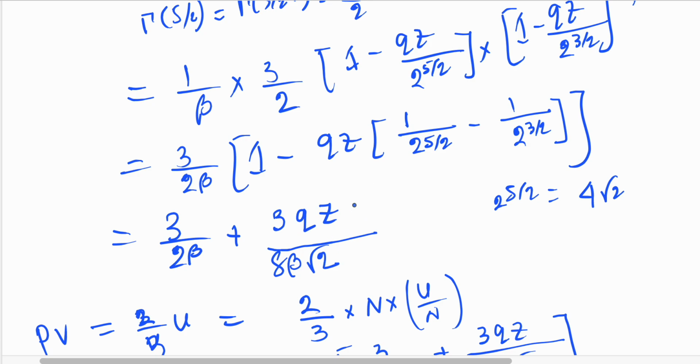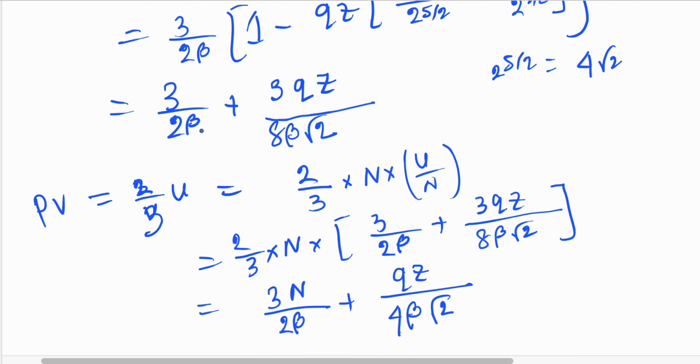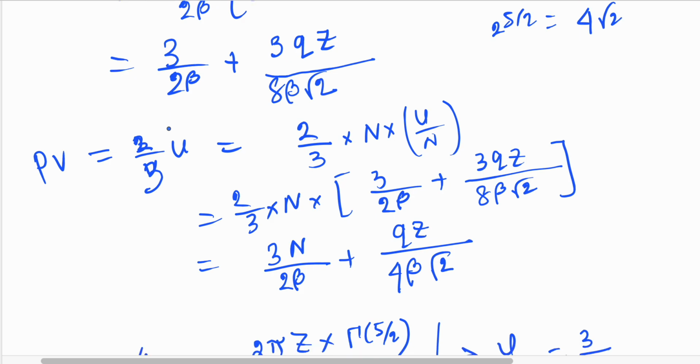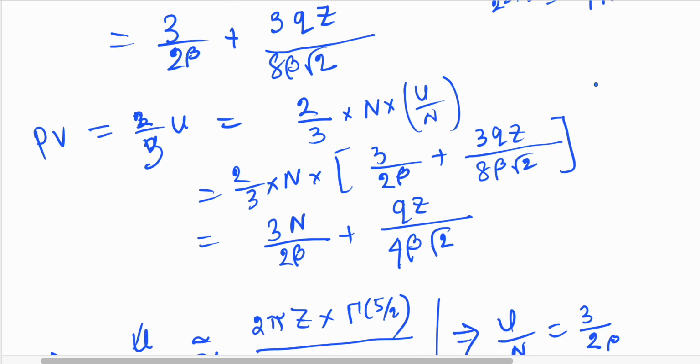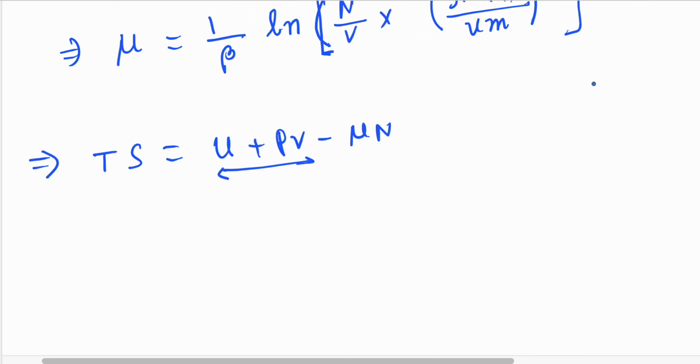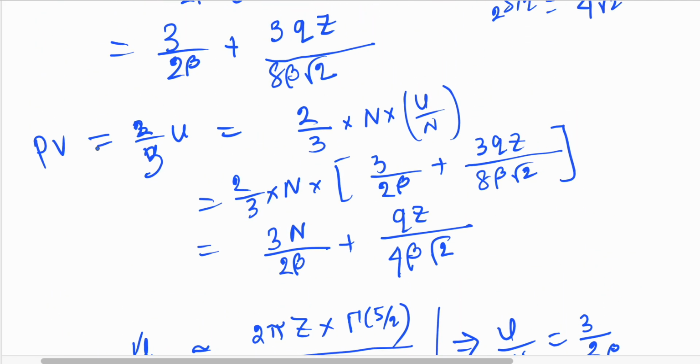I will not include this term z, I only include this term. If I include that also, it will become 4 3, and if I include this term also, it will become 2 root 2. Let me write it like that, so then it will be clear.